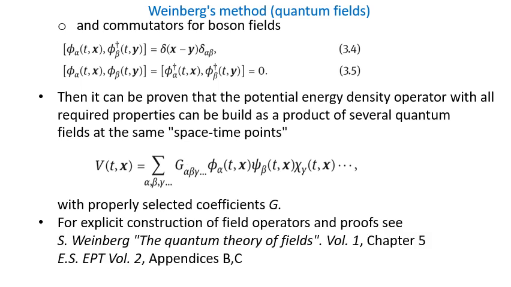This construction may look complicated to you now, but if you compare it with all other approaches for formulating Poincaré invariant theories, you will be struck by its extreme simplicity and beauty. More details can be found in Weinberg's textbook and in the second volume of my book.